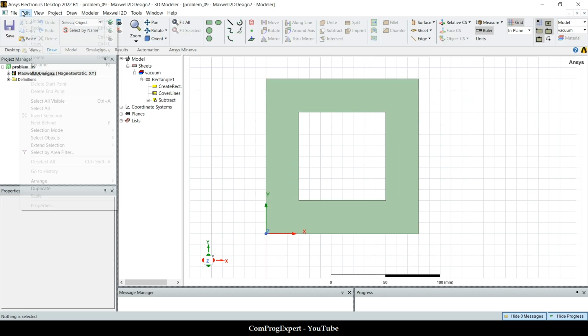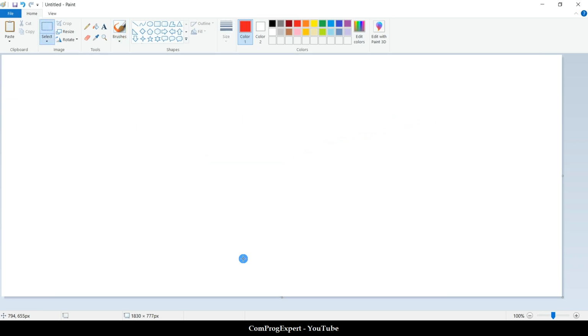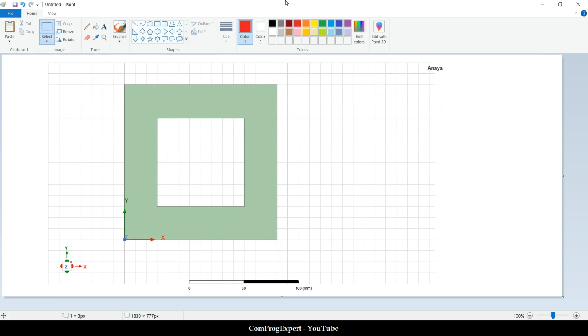Okay, so here are the dimensions that we have. This is the width of the yoke or width of the iron, and this is the width of the window. I use the same numbers also for horizontal limbs.